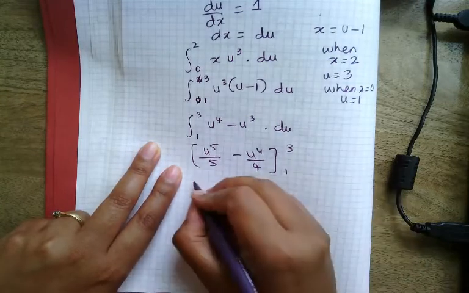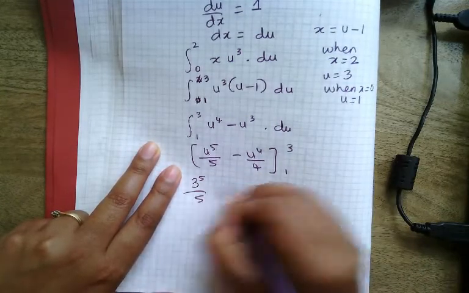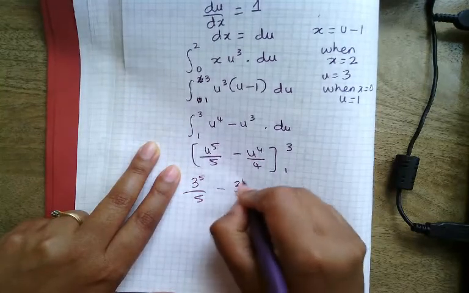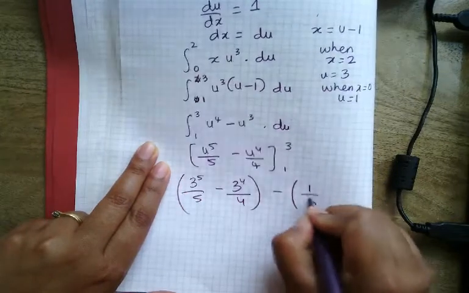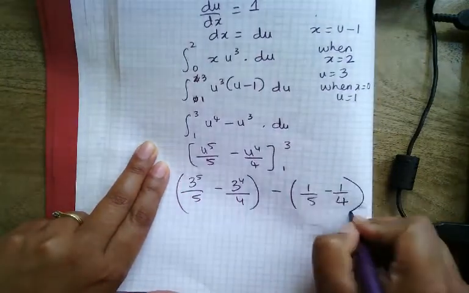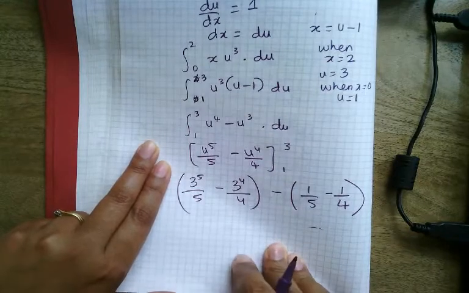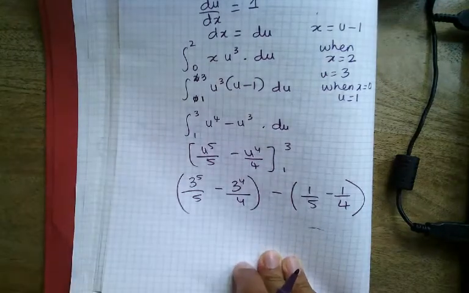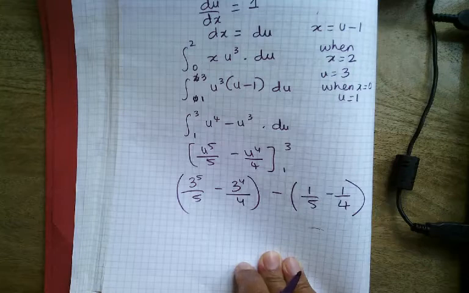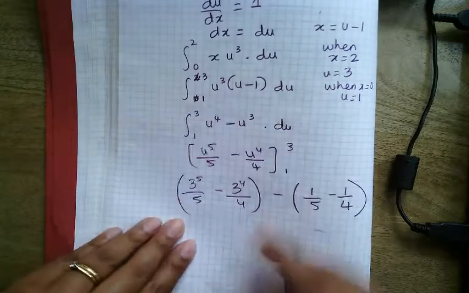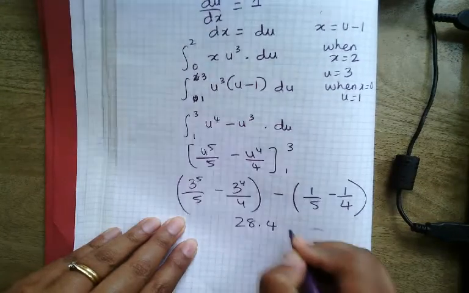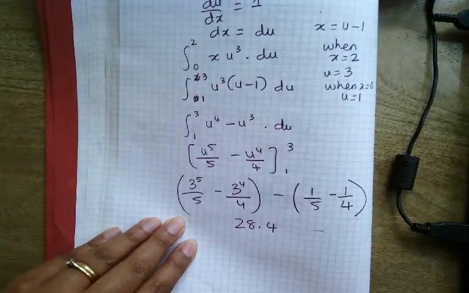And now I'm going to put in my limits, so I'll get 3 to the power 5 over 5 minus 3 to the power 4 over 4 minus 1/5 minus 1/4, and that actually comes down to 28.4. Okay, so I'm going to leave you to work this out on your calculators.